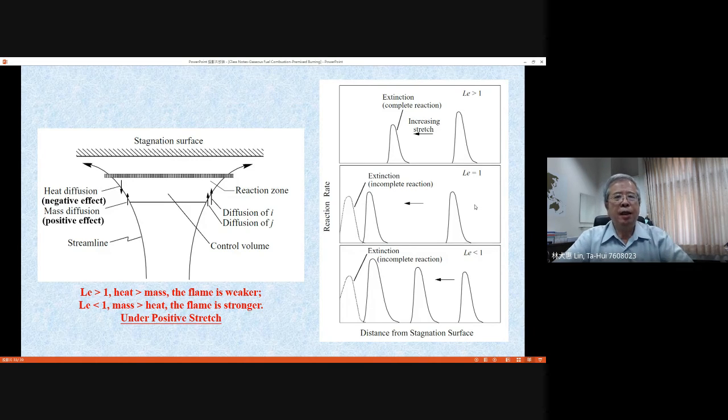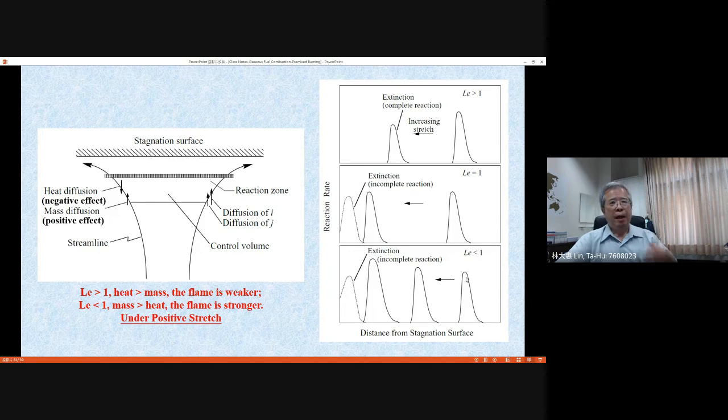In this process, with Lewis number equal to 1, heat diffusion is balanced with mass diffusion, so the chemical reaction rate will remain constant unless the flame is approaching the stagnation region.